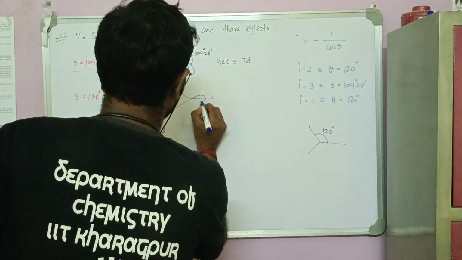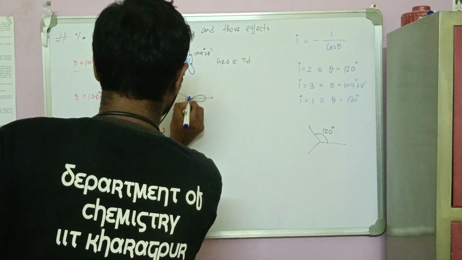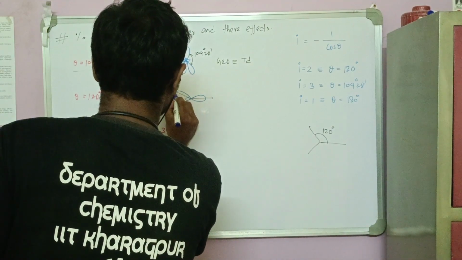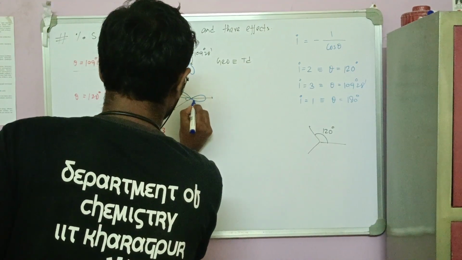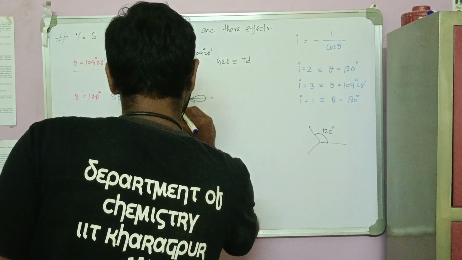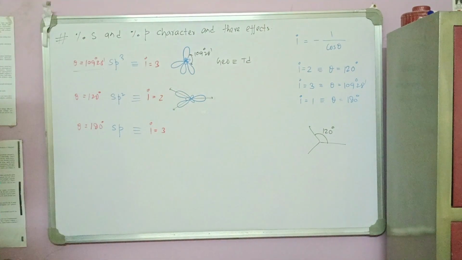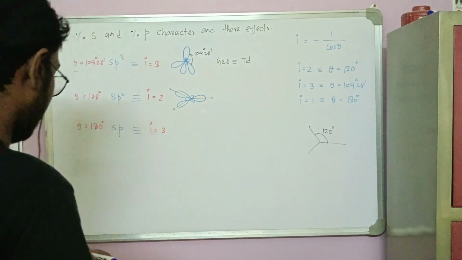One lobe will lie like this, this is one sp2, another lobe is like this, this is another sp2, and the last lobe. So these are three sp2 hybridized orbitals.